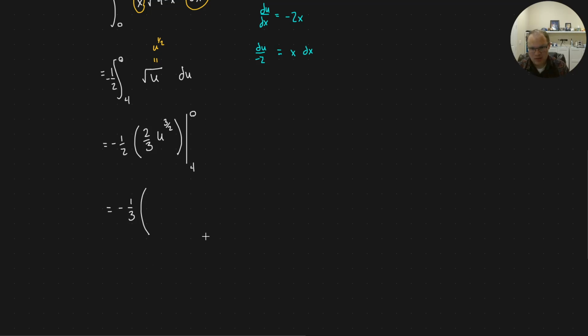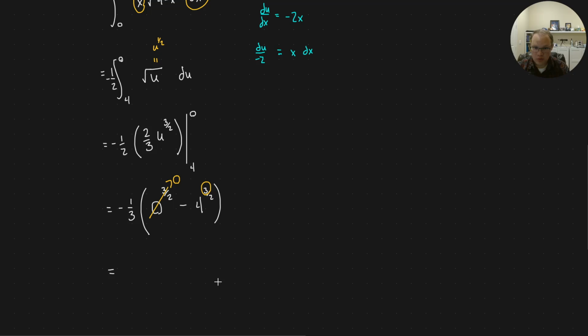And now let's plug in our limits of integration. Top limit always goes first, so 0 to the 3 halves power minus 4 to the 3 halves power. Okay, of course 0 to the 3 halves power is just 0. For 4 to the 3 halves power, I'm going to first deal with the half part of the power. That means square root. Square root of 4 is 2.